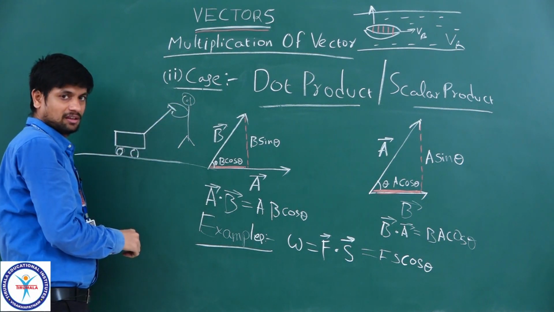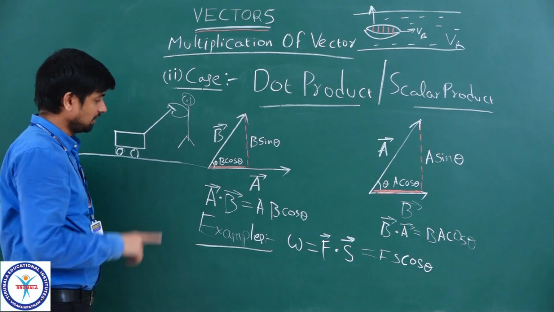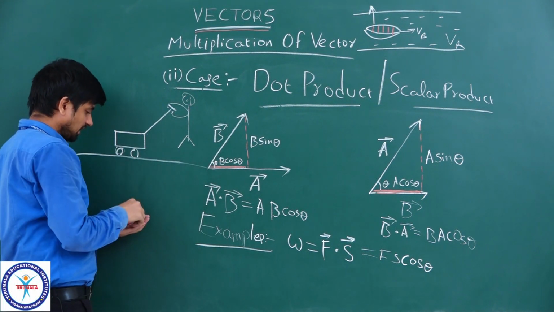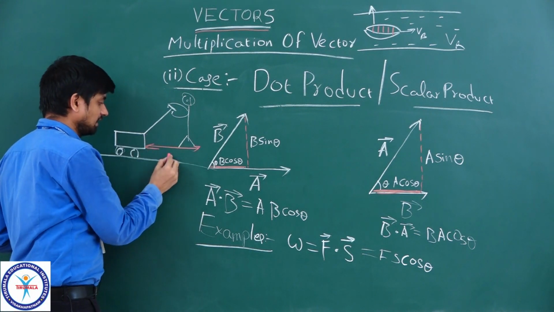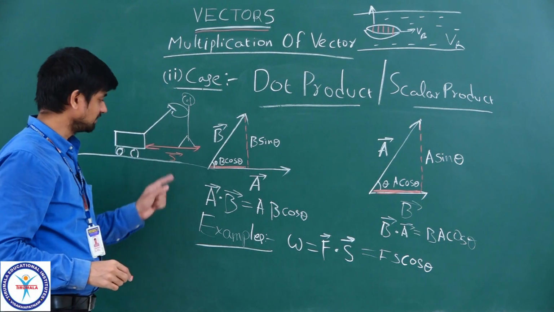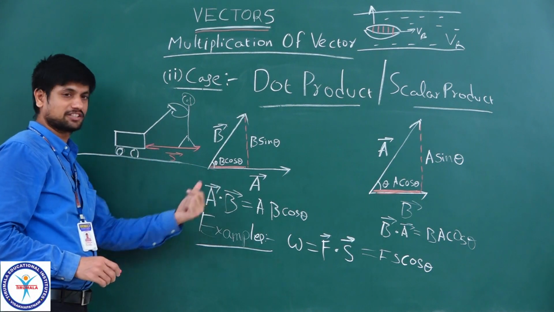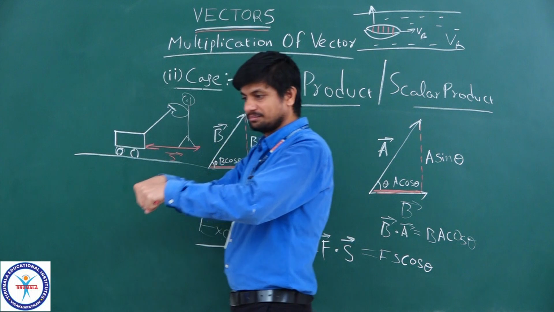But it is being moved in this way. So it does the displacement, denoted S bar. So it has done the displacement in this way. That means he has held something and dragged it in this way.